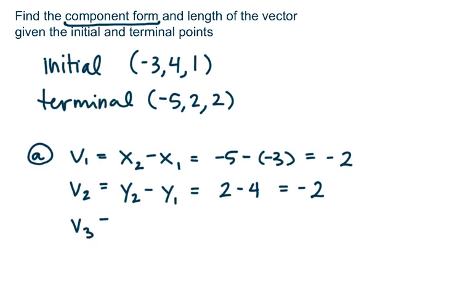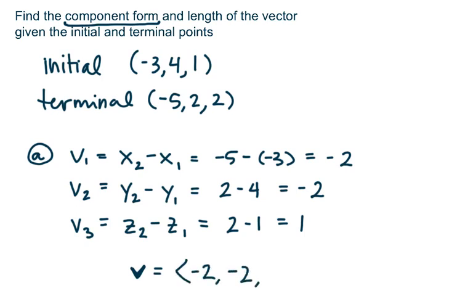And V sub 3, my z component, is z sub 2 minus z sub 1, or 2 minus 1, which gives us +1. Therefore, the component form for this vector, lowercase bold v, is -2, -2, and 1.